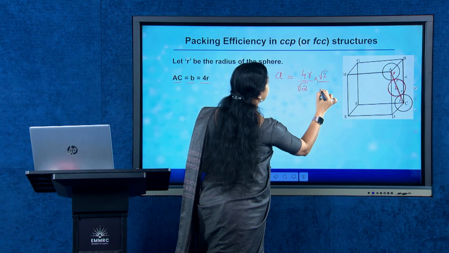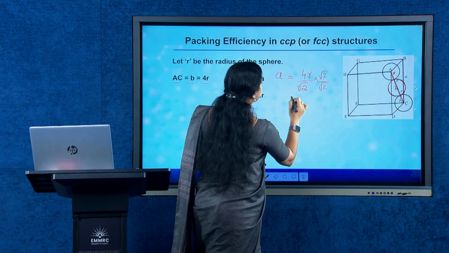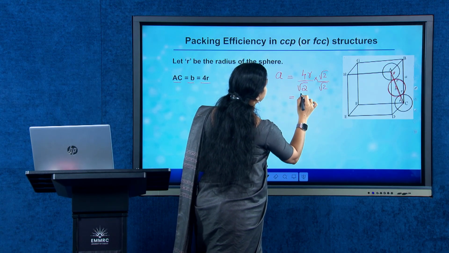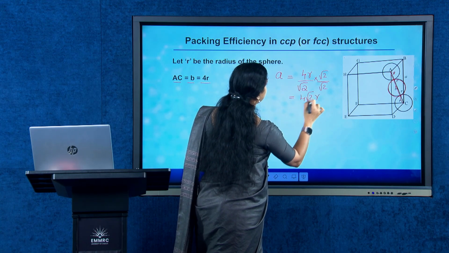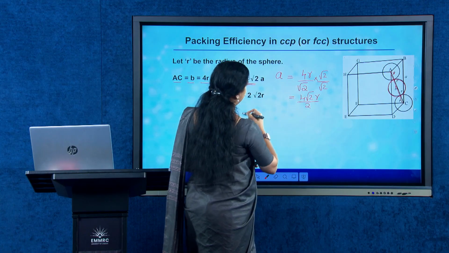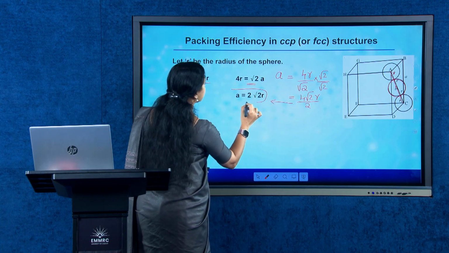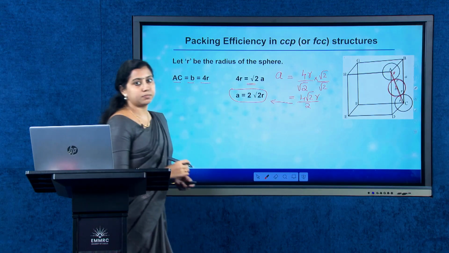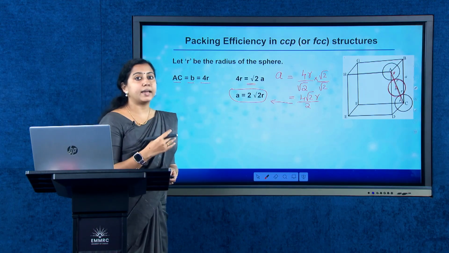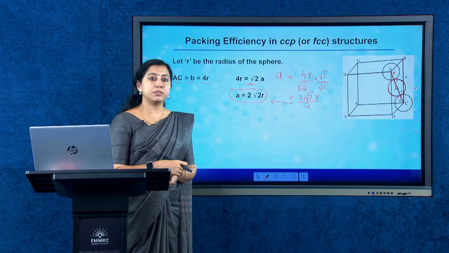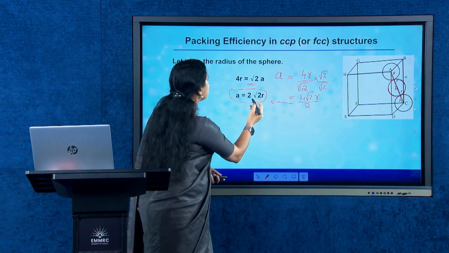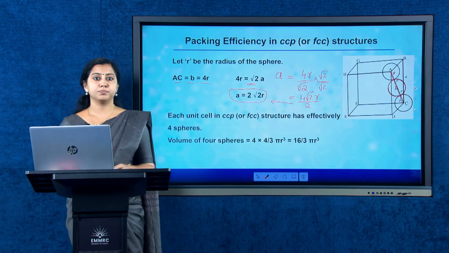So, root 2 by root 2, that will be equal to 4 root 2 R by 2. So, that will give rise to A equals 2 root 2 R. So, we obtained the edge length in an FCC lattice as A equals 2 root 2 R.